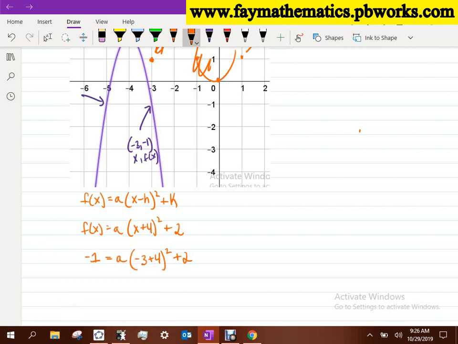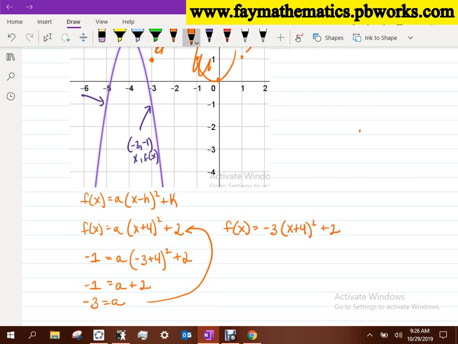So we get -1 equals -3 plus 4 is 1, squared is 1, times a is just 1a, plus my 2. What's a got to be? A is -3. So now I'm going to come back up here, and we'll plug that a in. So f of x is equal to -3 times x plus 4 squared plus 2.